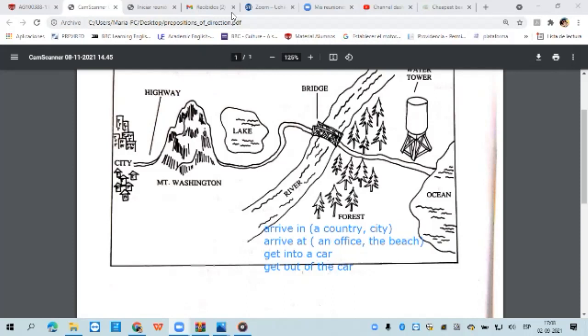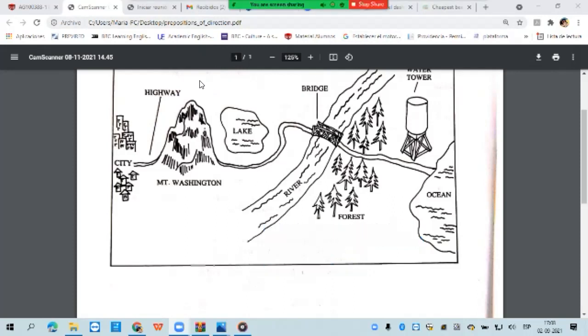I have a question, but it's not about this. It's about when you get into a car, you are going in a car, not on a car.